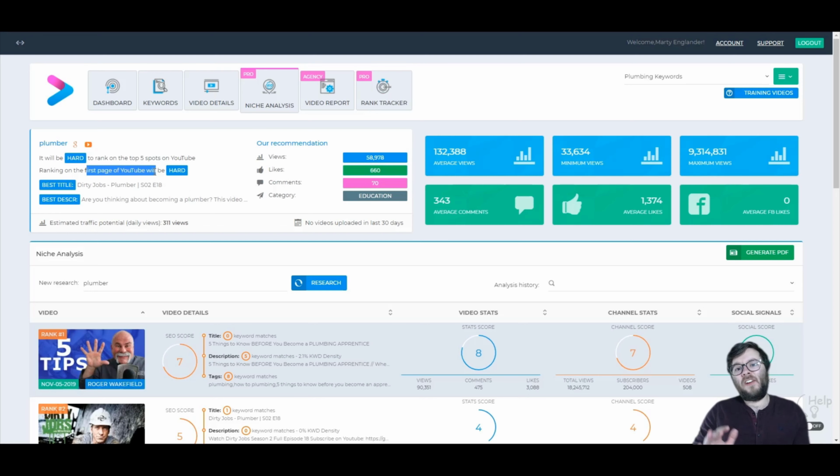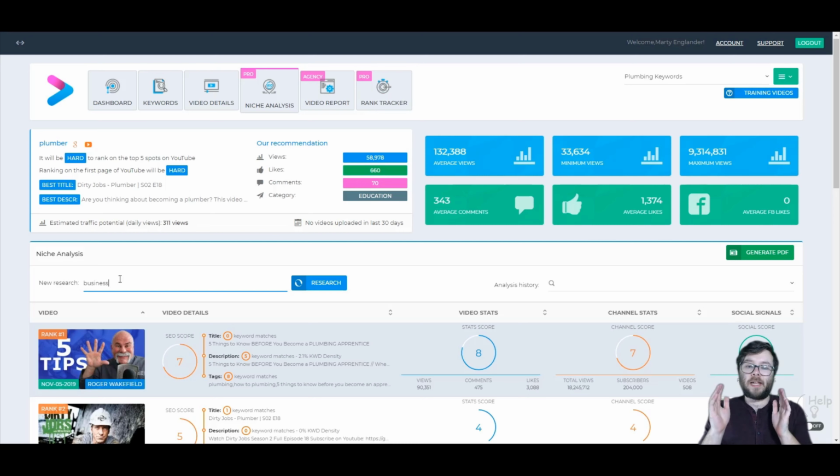But if we were to somehow rank for that keyword, we can potentially show our business or our products or our offer to 311 people per day, and that's a bare minimum. So a short tail keyword is basically plumber or food or business.